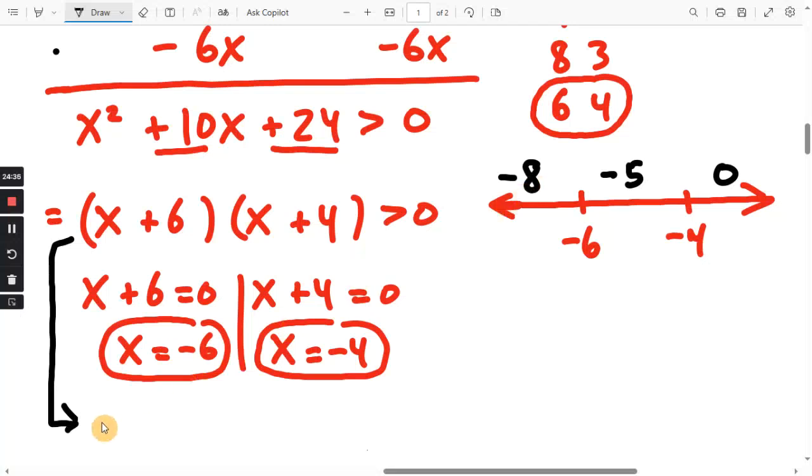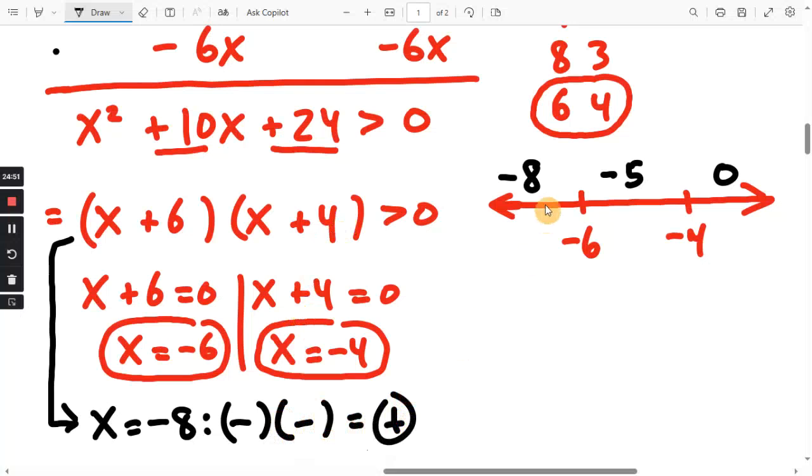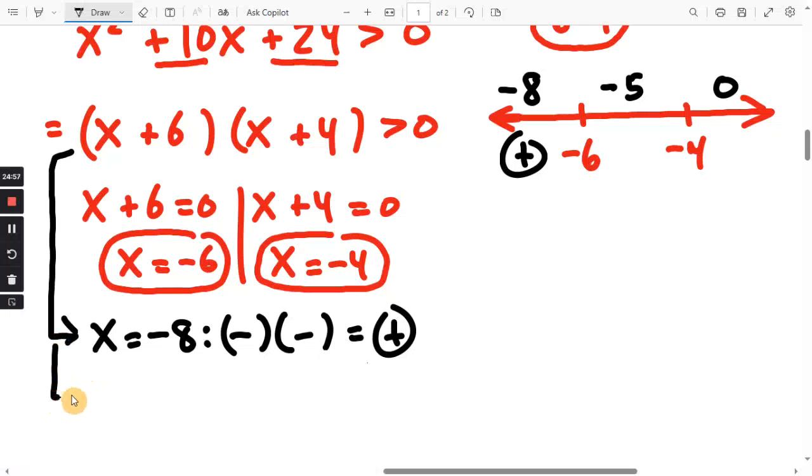First one is x equals negative 8. Negative 8 plus 6 is negative. Negative 8 plus 4 is negative. Negative times negative is positive for this section here. Let's try negative 5. X equals negative 5. Negative 5 plus 6 is positive.